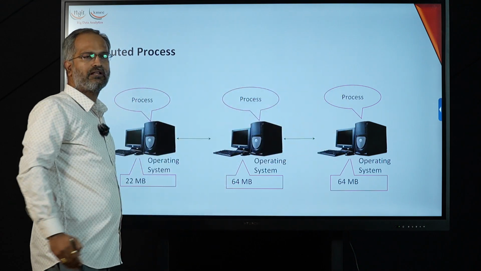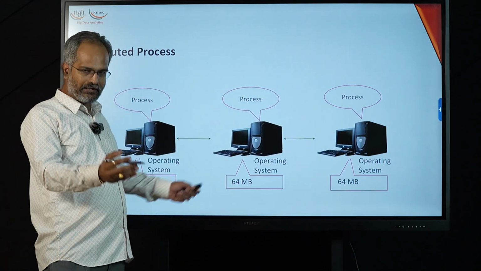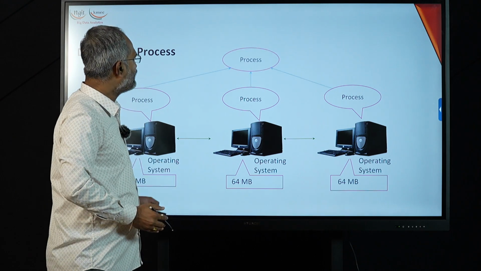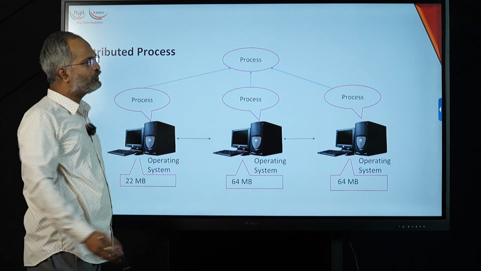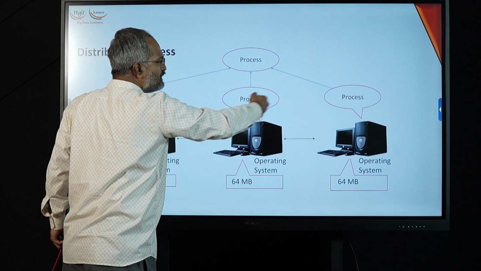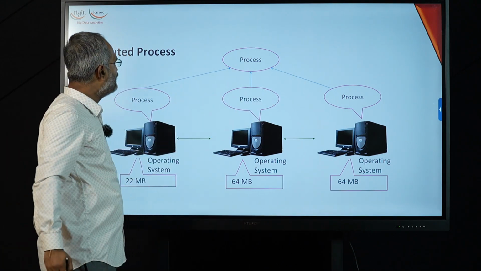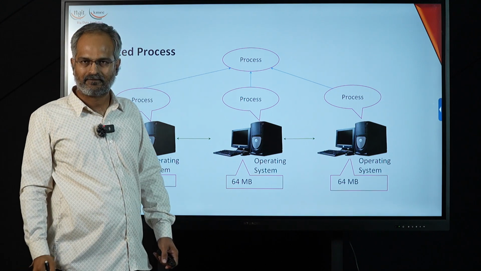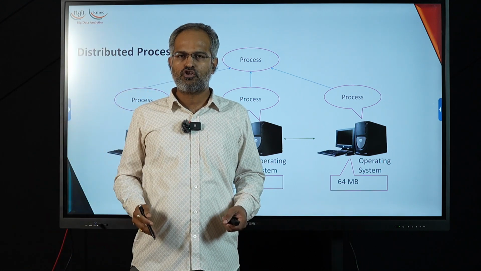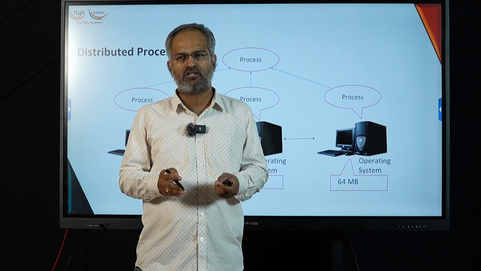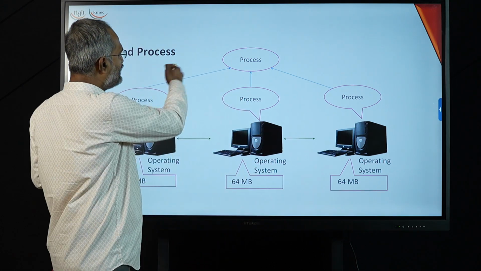This will also produce another output. Now we have to aggregate these three outputs. For that we should have another process. This process will aggregate the outputs of all the other processes. So this is the idea of the distributed process. Instead of executing the process at one machine, we can go with different places.